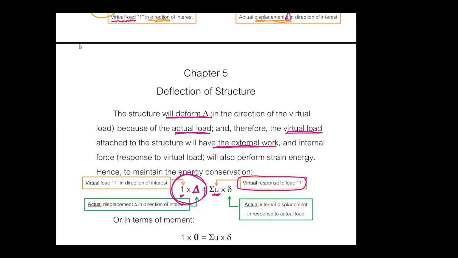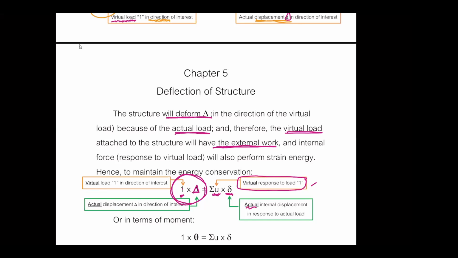But because you have the internal virtual load now, the work done by it is the virtual response multiplied by the actual internal displacement, because this is the internal response caused by the virtual load, right? Then, therefore, the work done by this internal response must be the internal displacement as well.